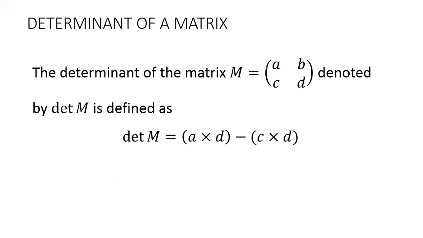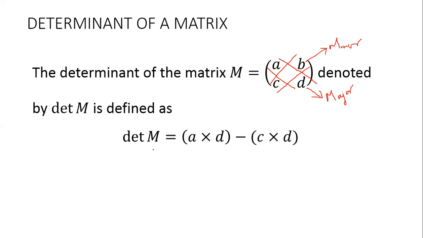So this matrix has two diagonals: the major, which slopes from left to right, and then the minor. So when we are finding the determinant of the matrix, we get the product of the major diagonal, which would be A times D. Then we subtract the product of the minor diagonal, which is C times B.